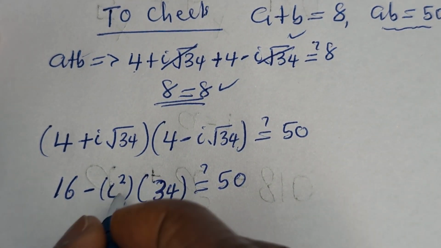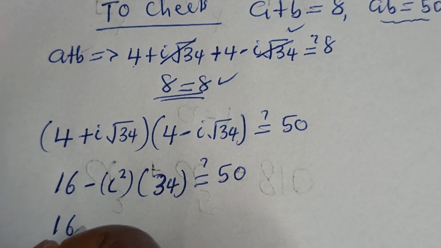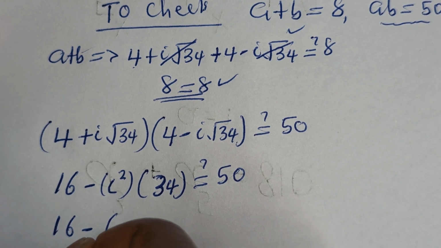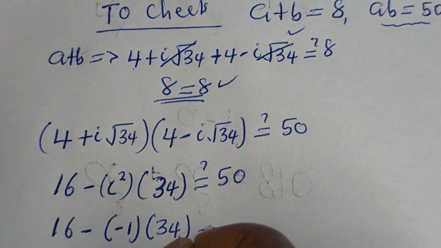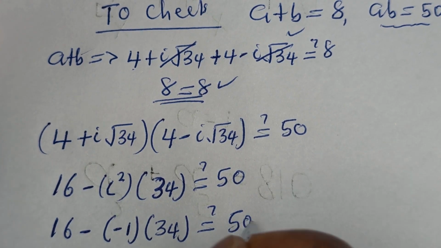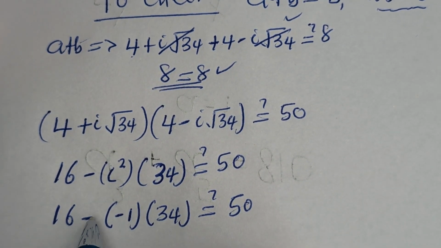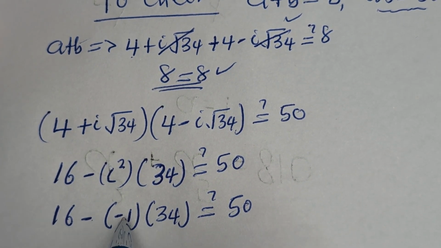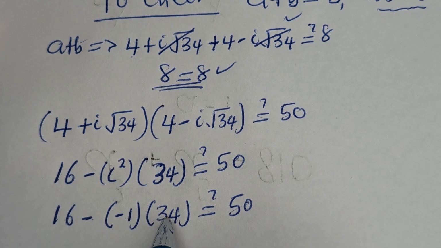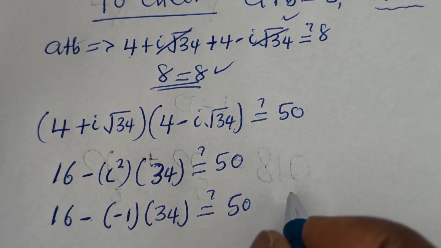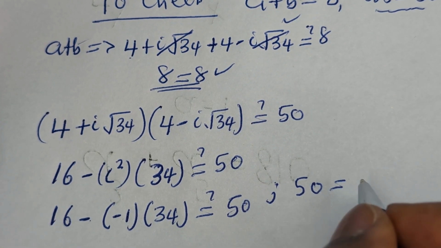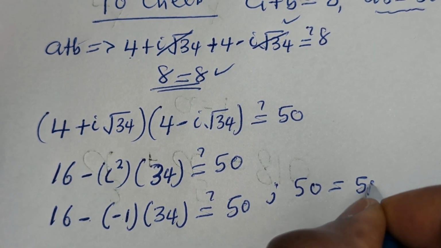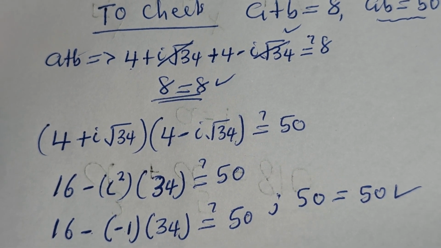So i square is minus 1. This is 16 minus, multiplied by minus 1, multiplied by 34, must be equal to 50. Then minus times minus 1, that is plus 1, times 34, that is plus 34. Then 16 plus 34, here we have 50 is equal to 50, which is true.